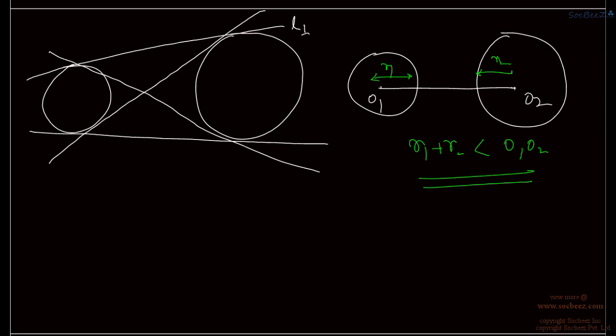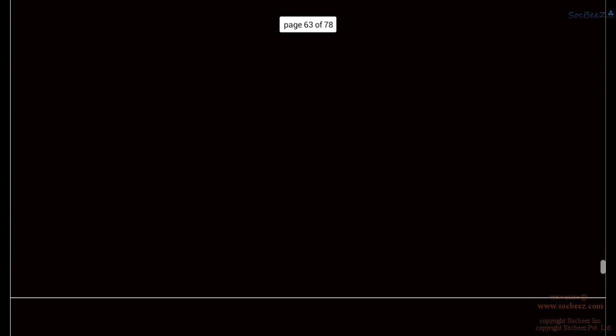So this is a tangent whose equation is given by L1 is equal to 0. This equation is given by L2 is equal to 0. Say this equation is given by L3 is equal to 0, and this equation is given by L4 is equal to 0. So these 2 tangents L1 and L2 are of the same nature, and L3 and L4 are of the same nature. So I am going to find 2 of the tangents, that is L1 is equal to 0 and L4 is equal to 0, and you will be finding the other 2 tangents.